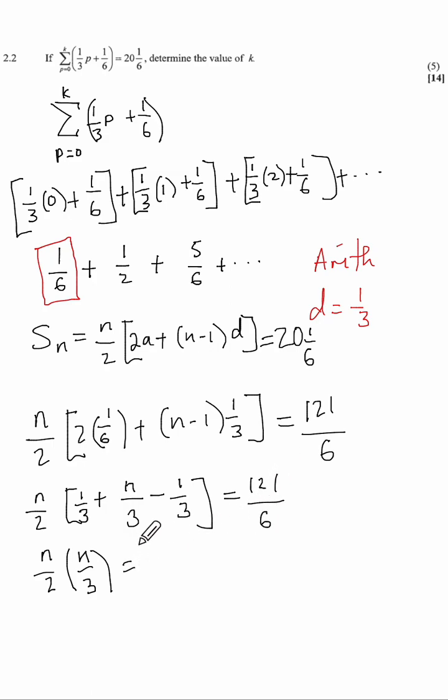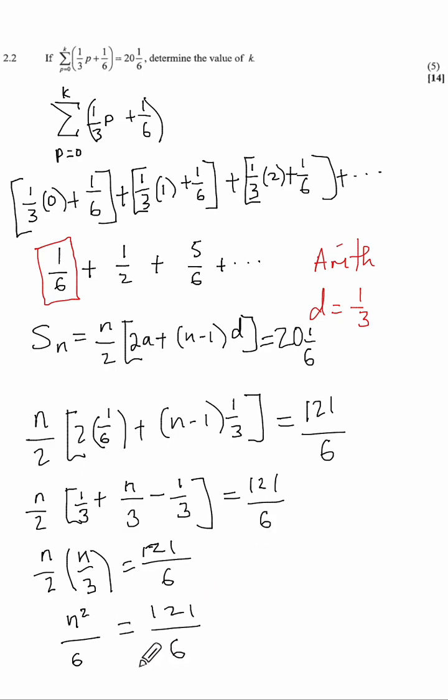which will be equal to 121 over 6. And if I multiply here, it will be n times n, that's n squared. If I'm multiplying two fractions, I know it's numerator times numerator and denominator by denominator. So n squared over 2 times 3, that's 6, is equal to 121 over 6.